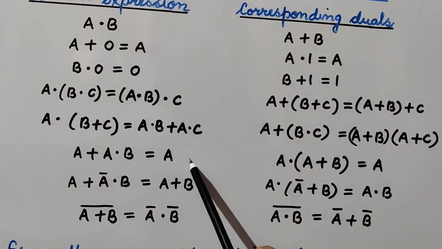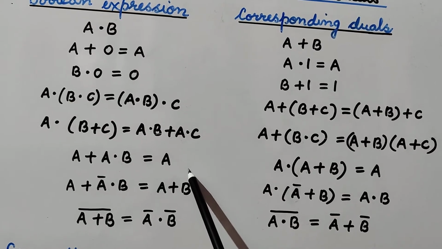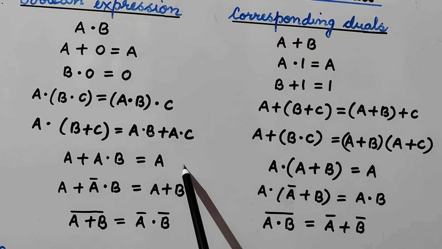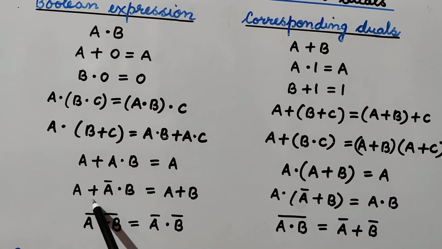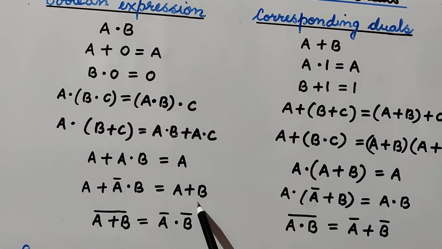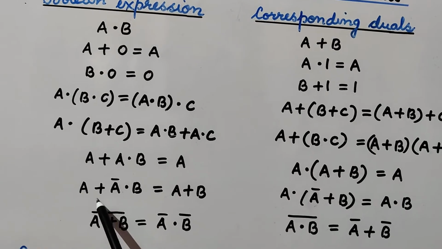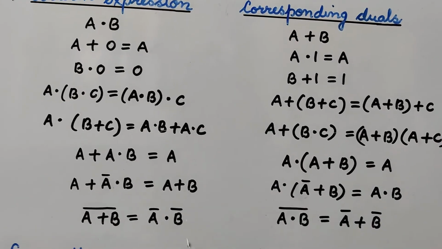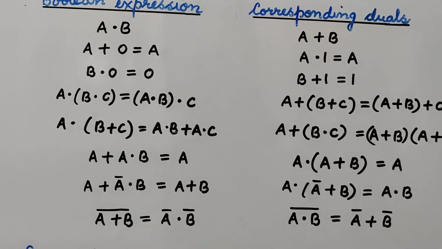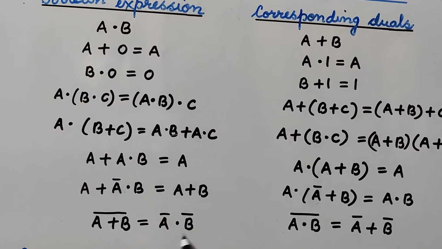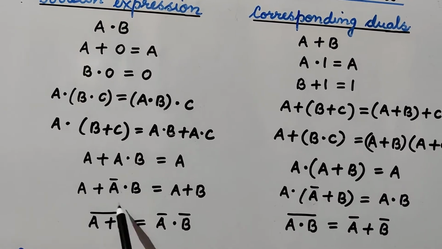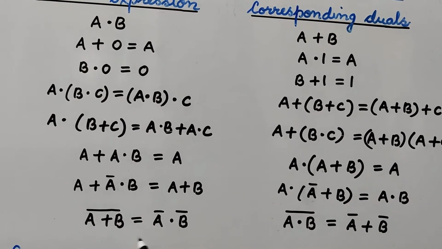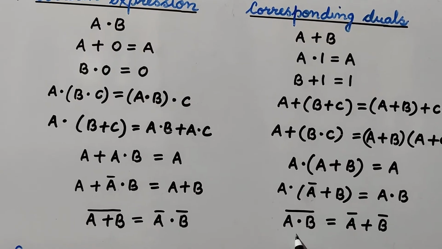Now the next expression is A plus A dot B is equal to A. So its dual will be A dot A plus B is equal to A. Now the dual of this relation will be A dot A complement plus B will be equal to A dot B. And the dual of this relation A plus B complement is equal to A complement dot B complement will be equal to, we will replace this plus symbol by dot symbol.